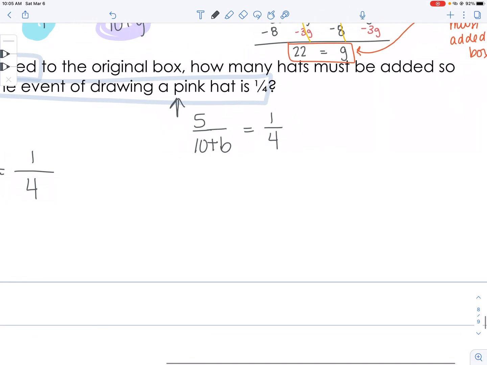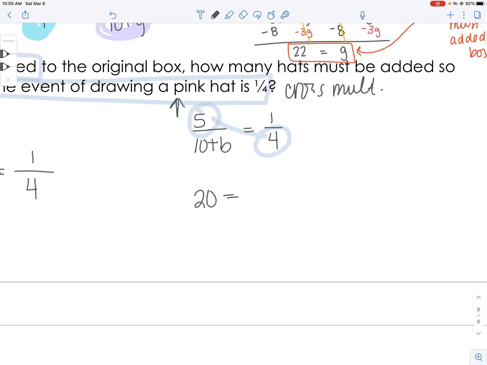So I'm going to cross multiply. I'll have 4 times 5, which gives me 20, equals 1 times (10 plus B), or just 10 plus B. I'm going to subtract 10 from both sides and get B equals 10.